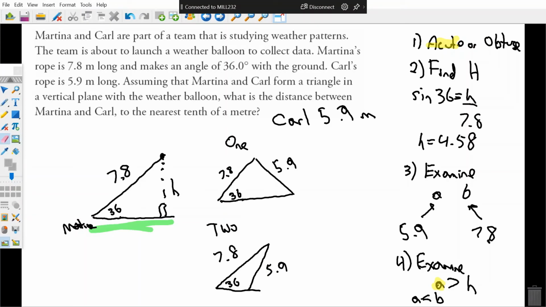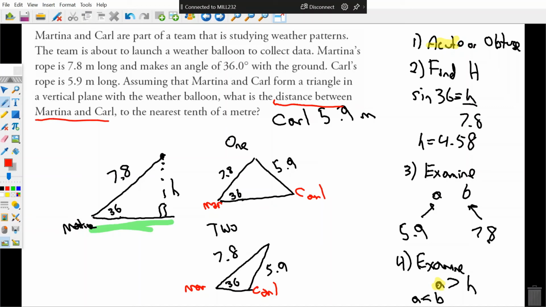So given our information, there's actually two possibilities where Carl could be standing. He could be standing right here, or he could be standing right here. And we know, of course, Martina is right there. So the question asked us, what's the distance between them? So here we're going to have two possible answers.